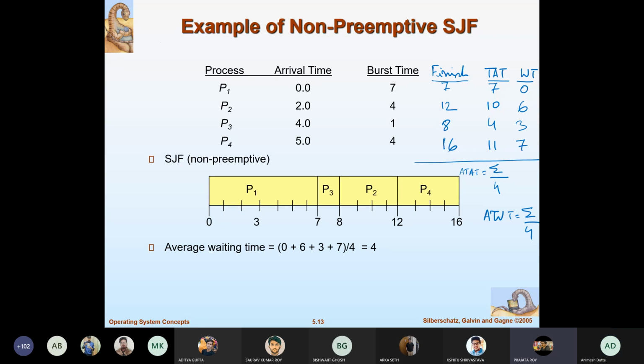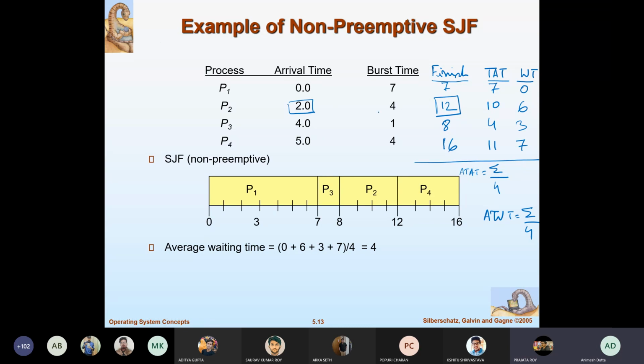Sir, can you repeat the definition of turnaround time? Turnaround time means the time it has arrived for execution, then the time it has completed its execution. So it arrived in this time, it gets completed at this time.